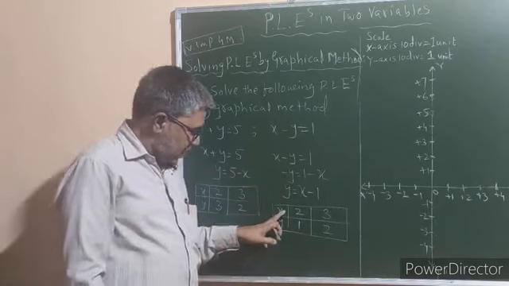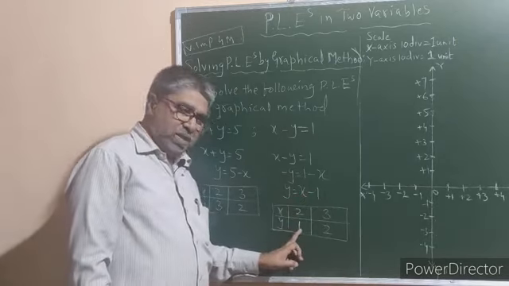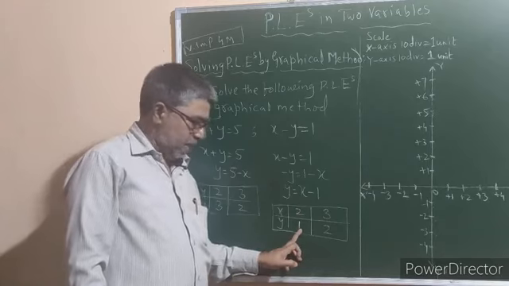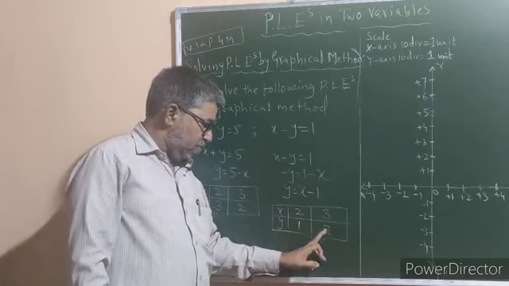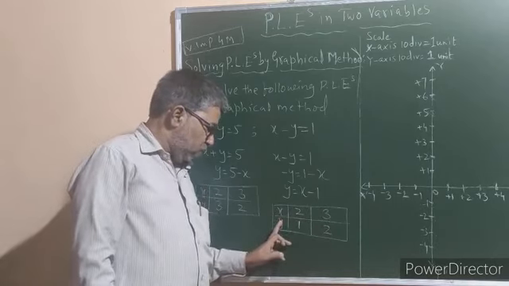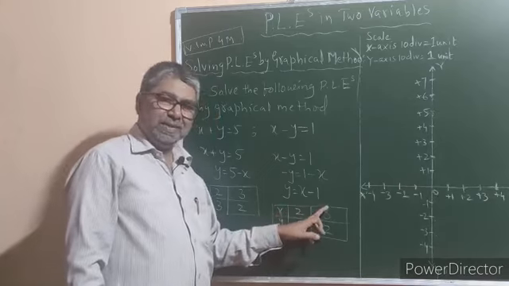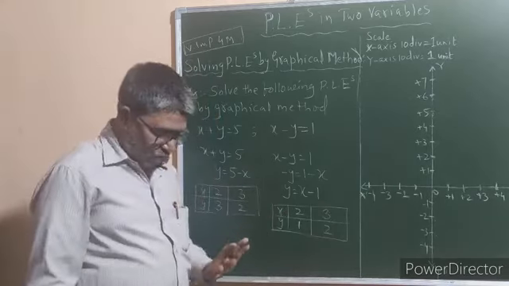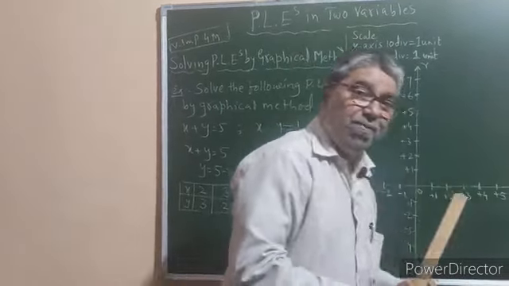If you consider the value of x as 2, 2 minus 1 will be 1. The value of y will be 1 here. Now if you take x as 3, 3 minus 1 is nothing but 2, and 2 is the value of y if you consider the value of x as 3. So these are the 4 ordered pairs. Let us plot them onto the graph sheet.